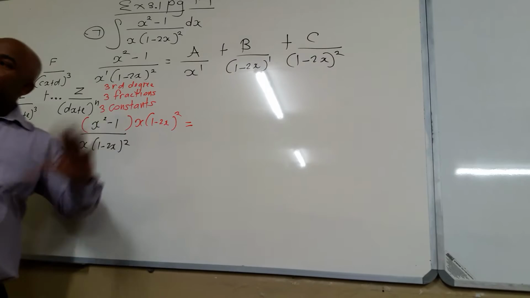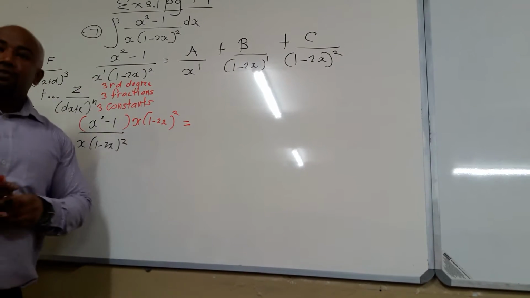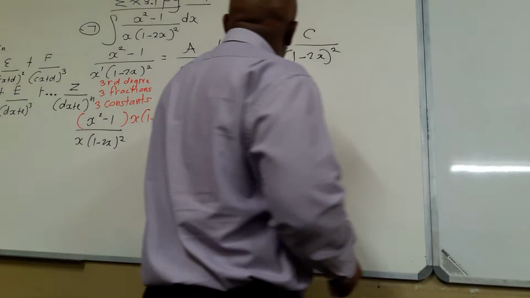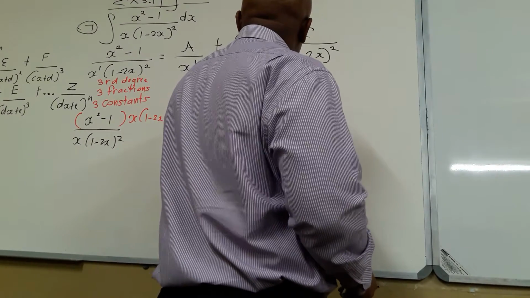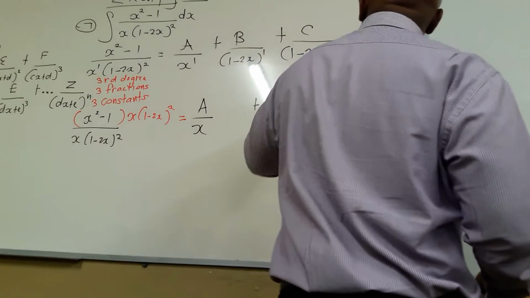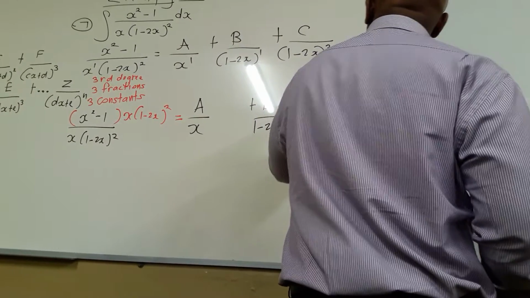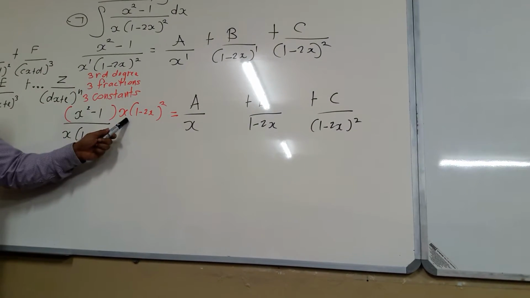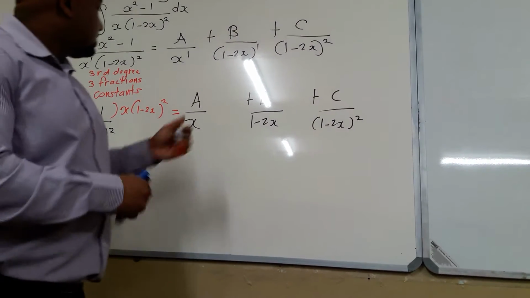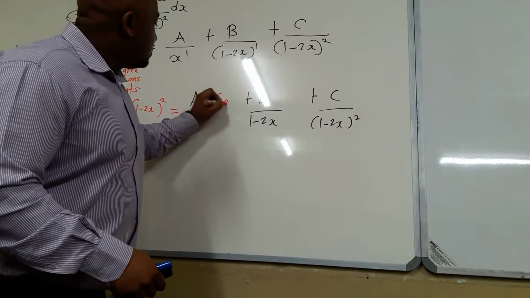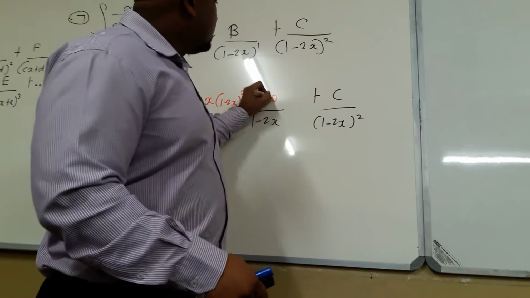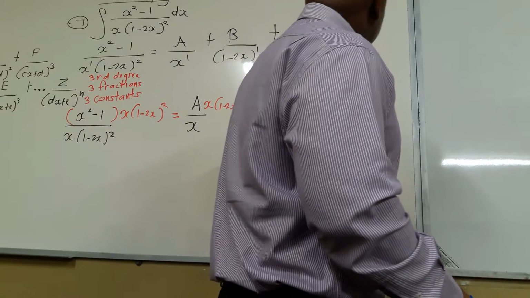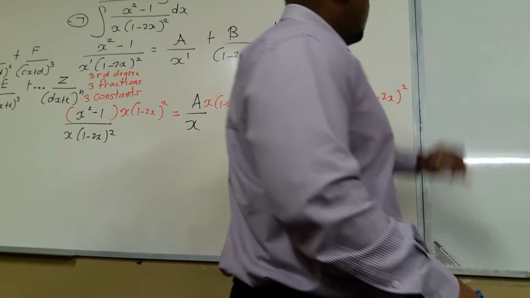I have to do it on the left and on the right to all terms. Right, so I multiply by the denominator on the left hand side. On the right hand side I do the same, x times (1 minus 2x) all squared, to each term.